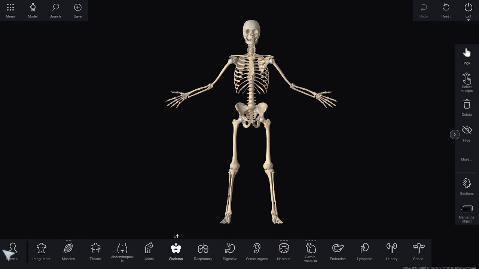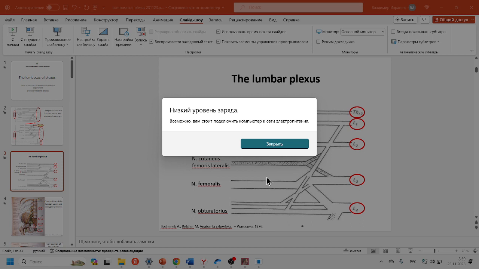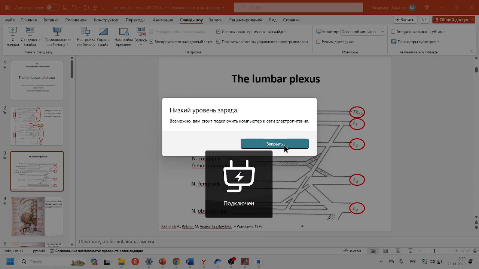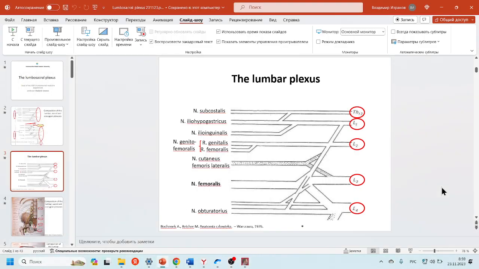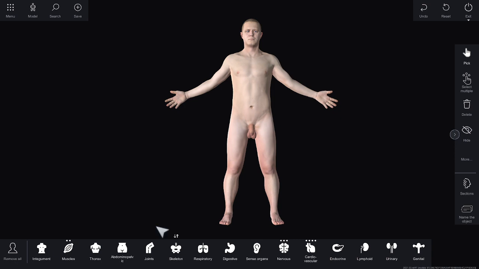So please be attentive to the bottom line. Here the skeleton is activated. Now, for example, if I click here, show all, we have the whole body.